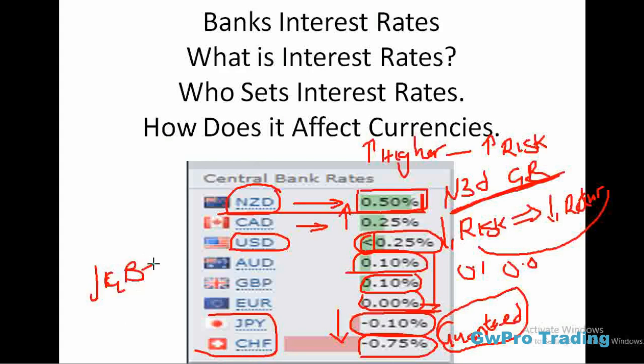Thereby, the currency or the Japanese yen will go up because of the demand of the Japanese government bond. And understand that if you're buying a Japanese government bond, definitely you will want to be buying the Japanese yen to be able to buy the Japanese government bond. All right? Does it make sense?